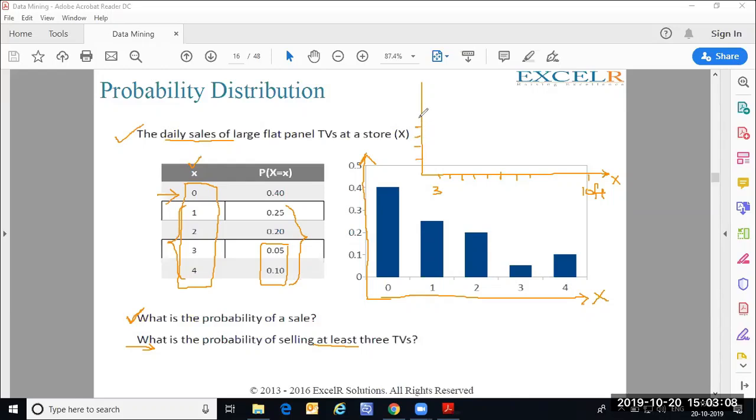What is the probability that a person is having a height of 3 feet? What do you think is the probability? Very less, right? We hardly find people with 3 feet. Still, this is possible, right? And similarly, 10 feet is also very less.